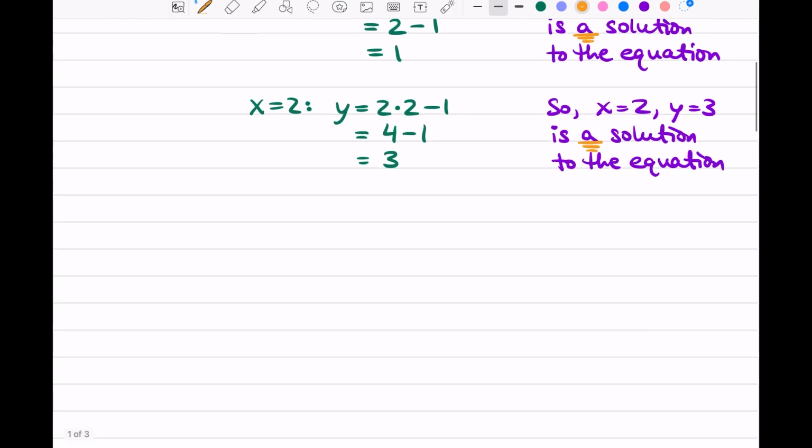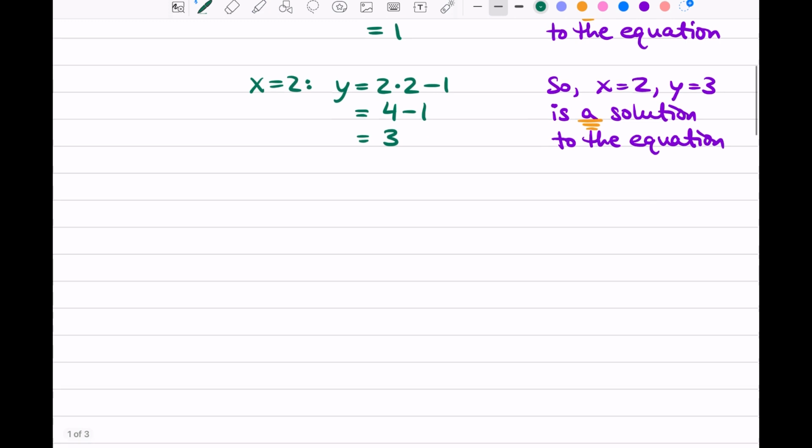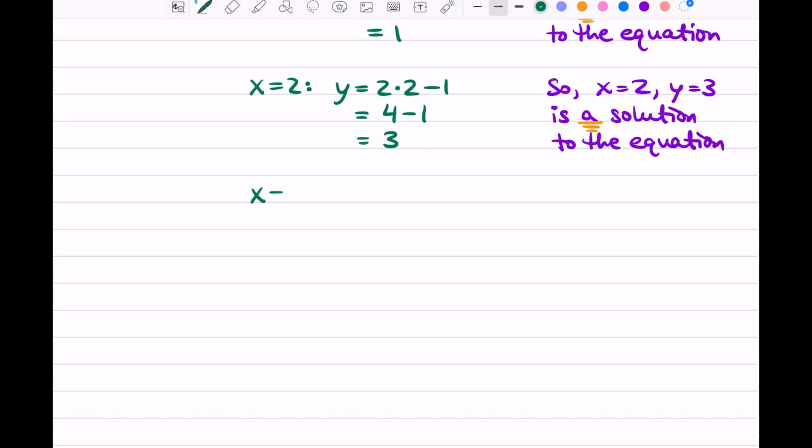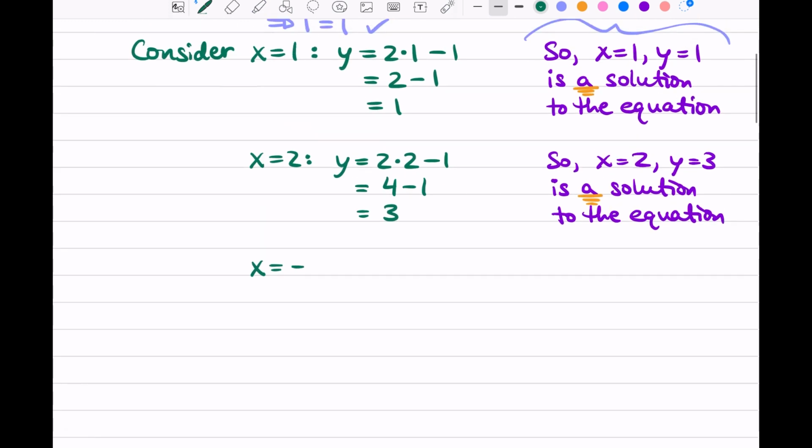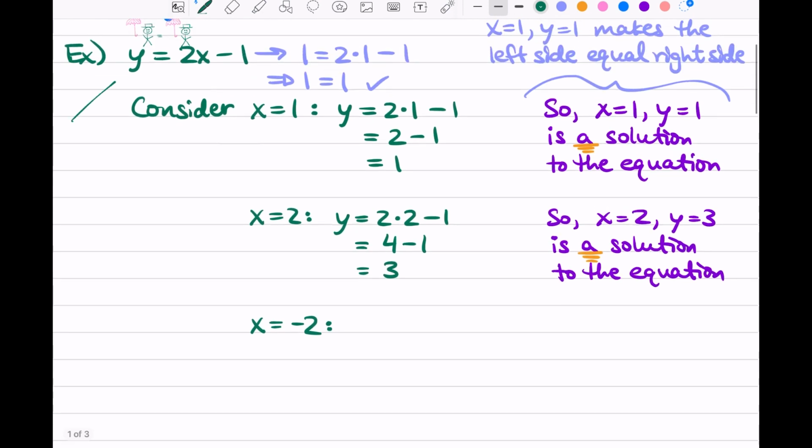Let's try one more example. Let's say x equaled a negative number. Let's say it equaled negative 2. What would y equal? Well, again, we use our equation at the top, and we'd have y equals 2 times -2 minus 1. And as you see, I put this -2 in parentheses.